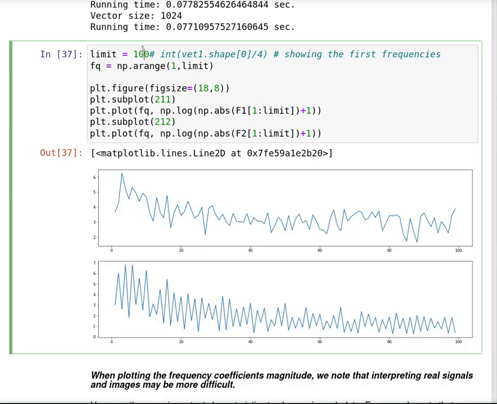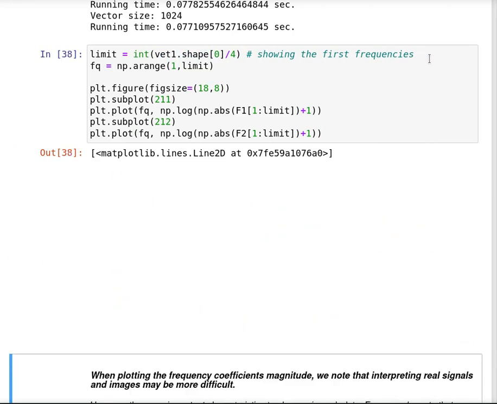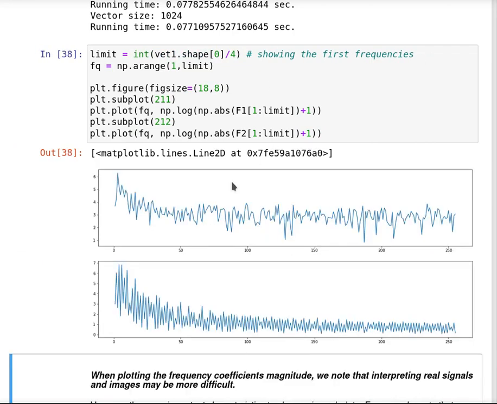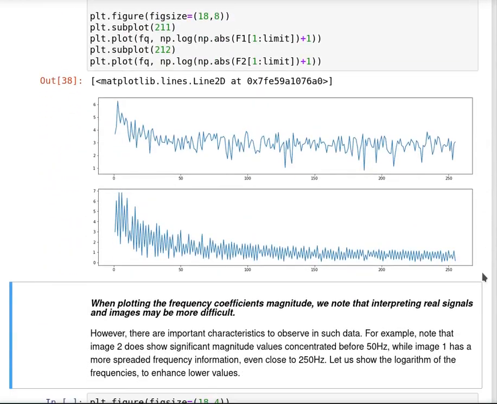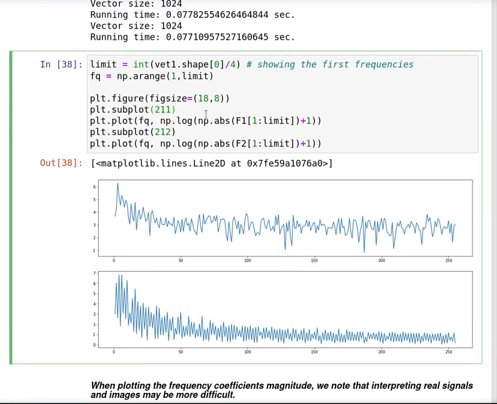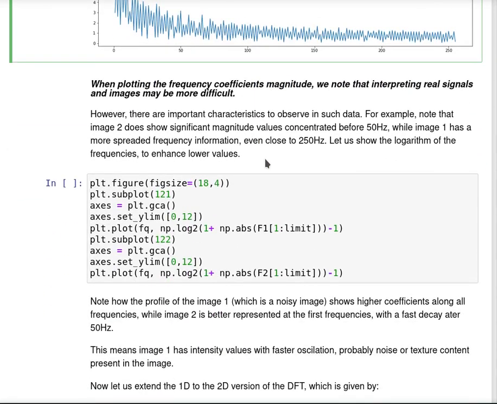Okay, so now we probably want the whole spectrum here. The first one, which is the image with more noise, as you can see, is much less well-behaved in terms of the frequencies. As we go up to 250, it maintains the magnitude of the frequency components, but the other one also has some fluctuations. Okay, I'm going to leave it as it is.